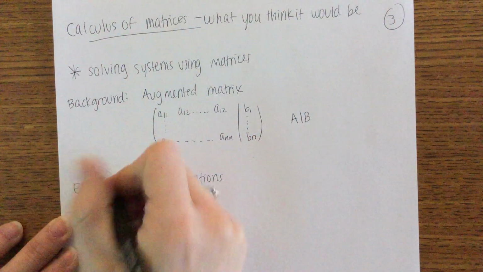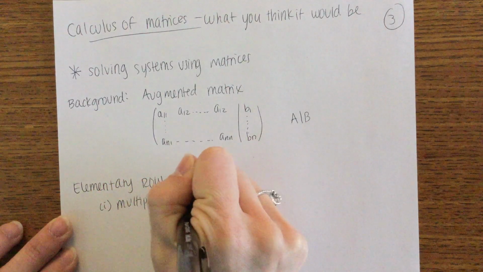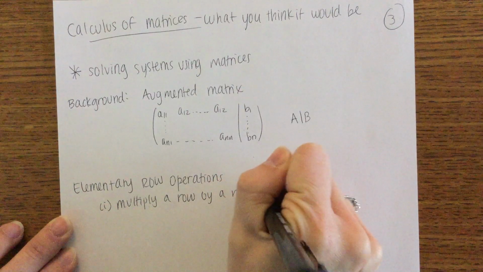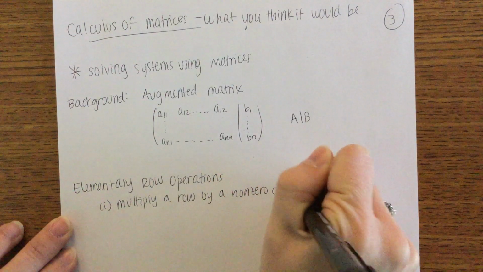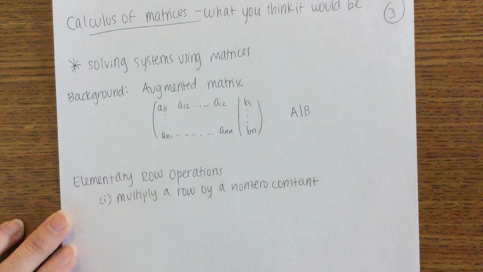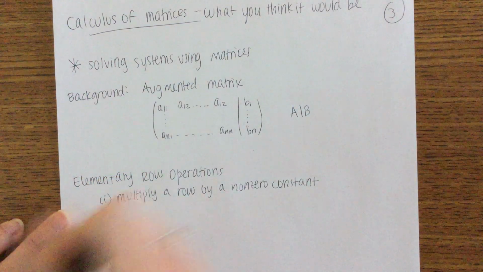First one, you can multiply a single row by a non-zero constant. So all of this is trying to solve a system. You're going to use these row operations.